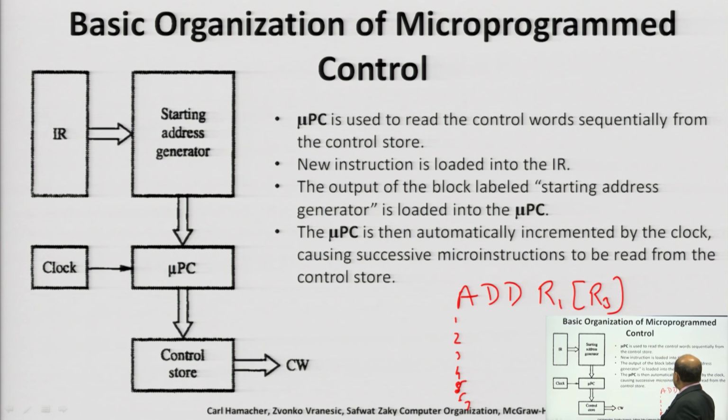The program counter is then automatically incremented by the clock. So, it is clock driven, automatically incremented by 1, so that the next microinstruction will be fetched. The control store is a special type of memory where these control words are stored, or you can understand it this way: this is a memory where different microroutines are stored, and the output of this unit is in terms of control word.